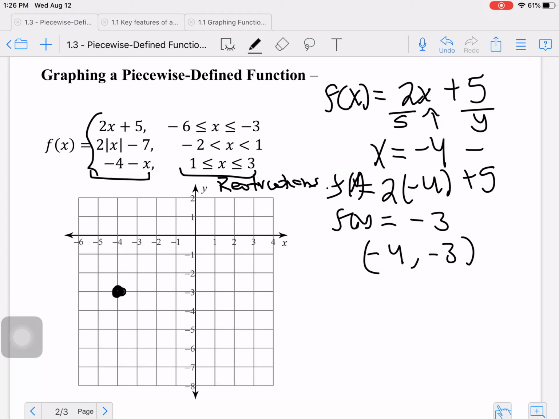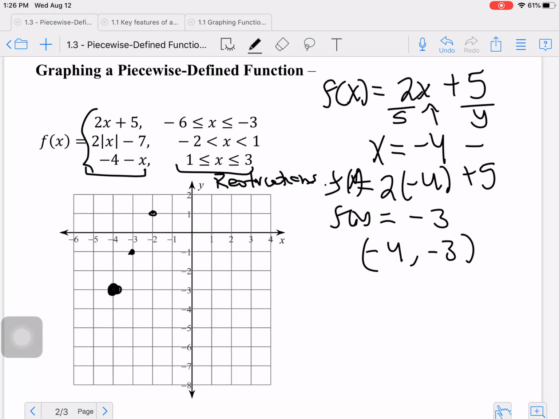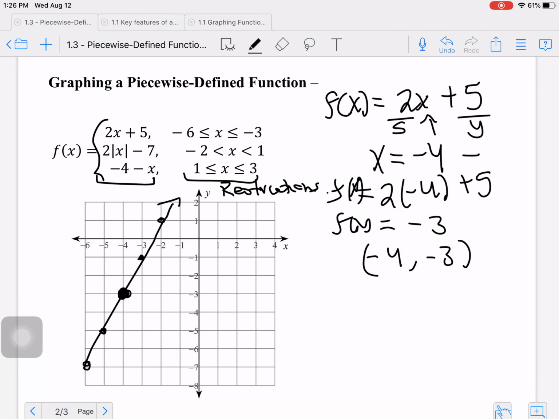And now I can just use my slope to get the rest of the points. In this case, my slope is 2, so I can go up 2 over 1, up 2 over 1, and I can do it the other way around: down 2 over 1, down 2 over 1. All right. So typically, this would be your function. Now remember, I am restricting the domain.